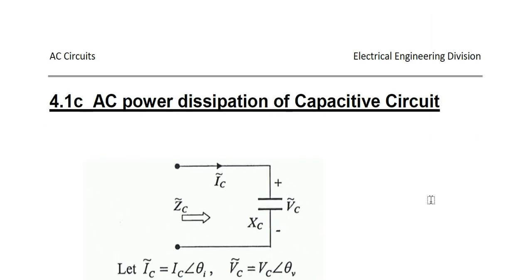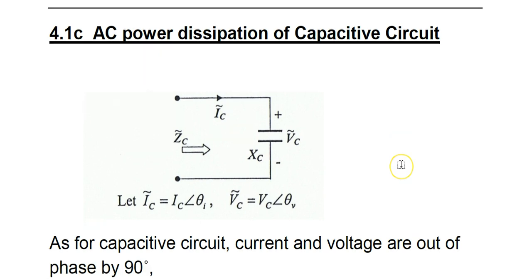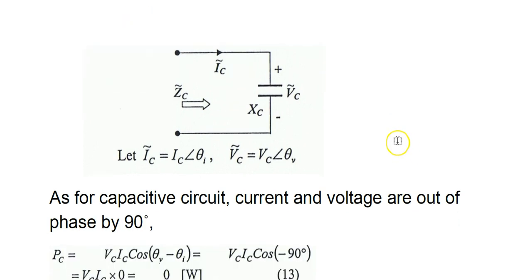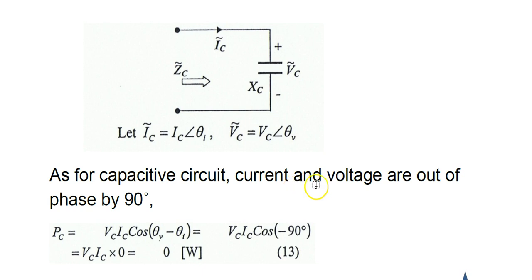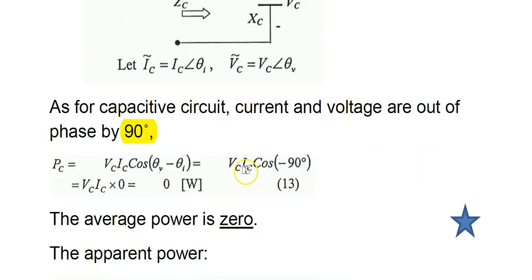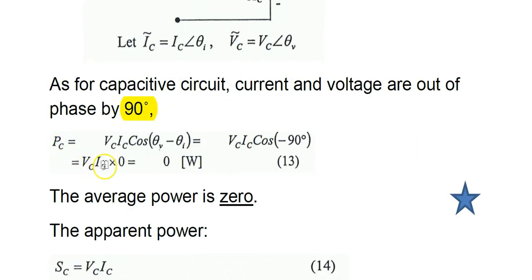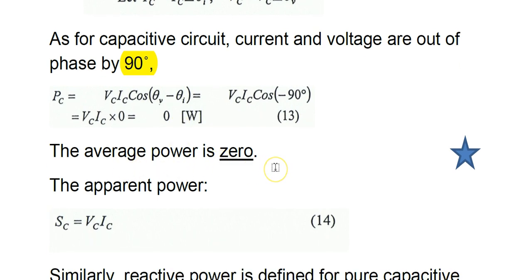Now we look at power dissipation in a purely capacitive circuit. In a purely capacitive circuit, the current and voltage are again out of phase by 90 degrees. So we can deduce the same thing: the effective power is 0, because the cosine of minus 90 degrees, or the power factor, is also 0. We can conclude that the average power in a purely capacitive circuit is 0.